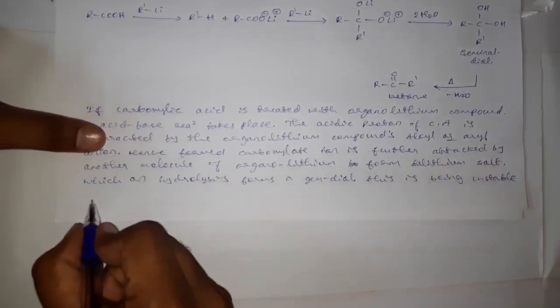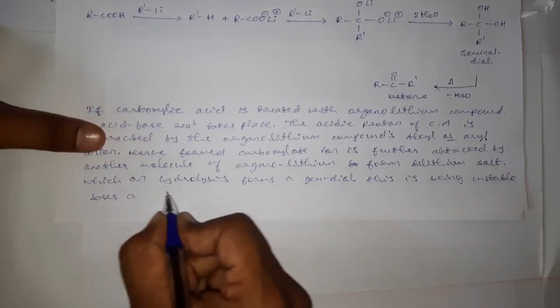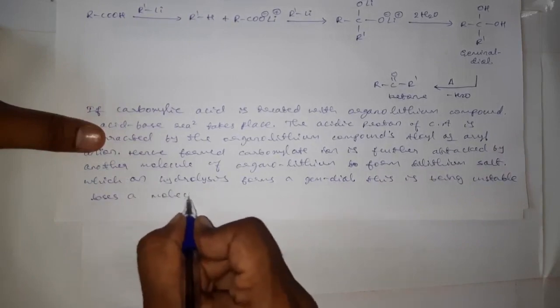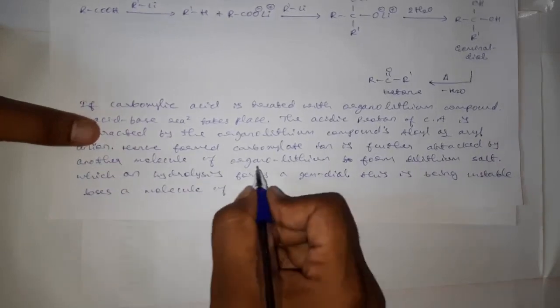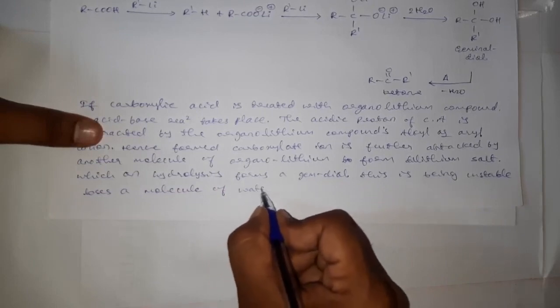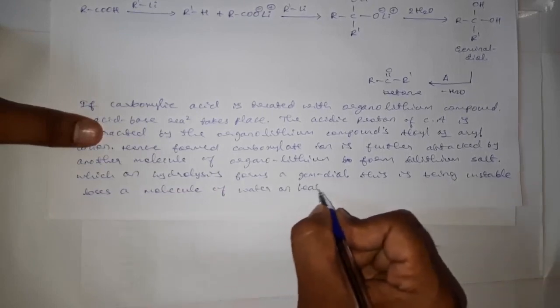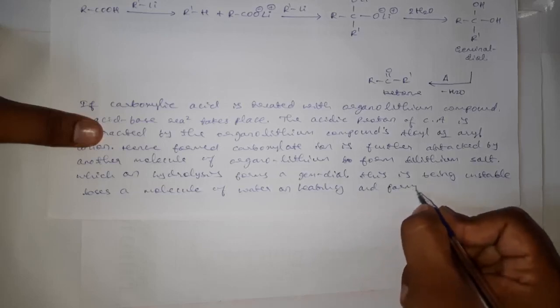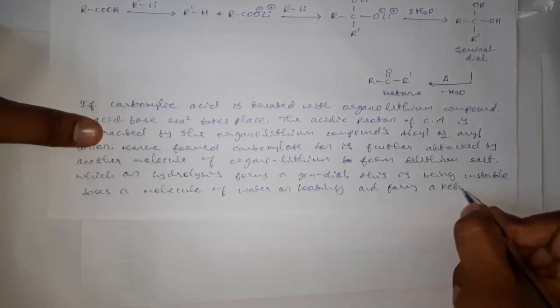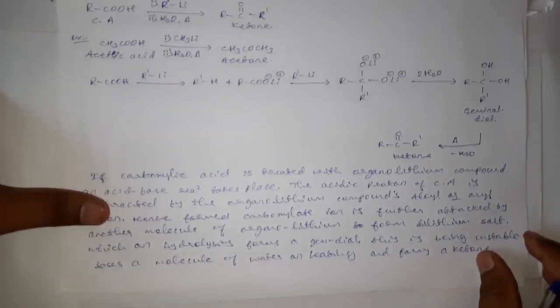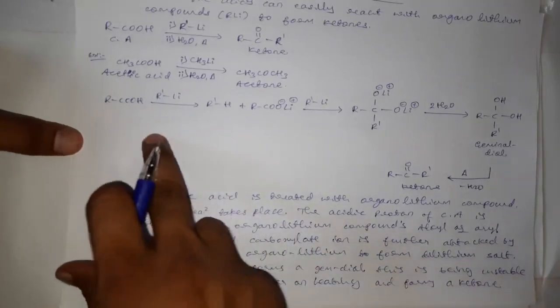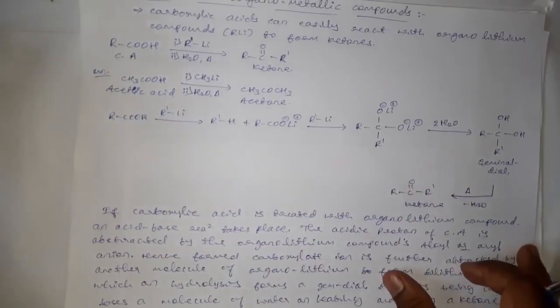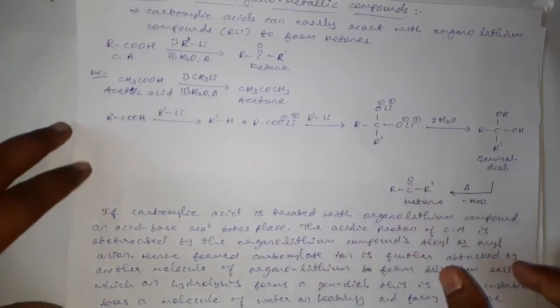Being unstable, it loses a molecule of water on heating and forms a ketone. Okay, this explanation we can write for the reaction of carboxylic acids with organolithium compounds.